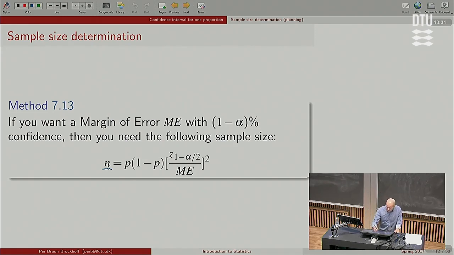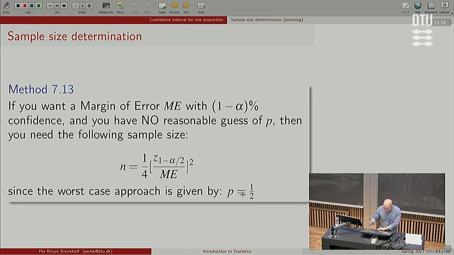Or there is another approach actually, which may be expensive, but if we really don't know anything about what P could be, we could take the worst case scenario.